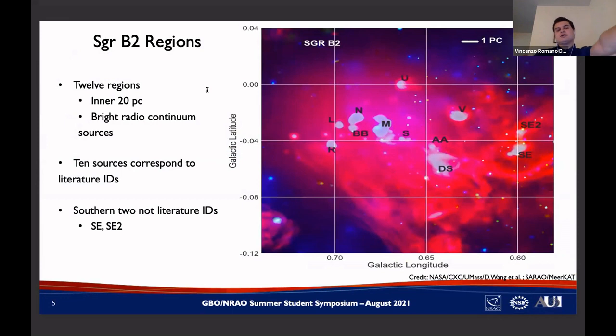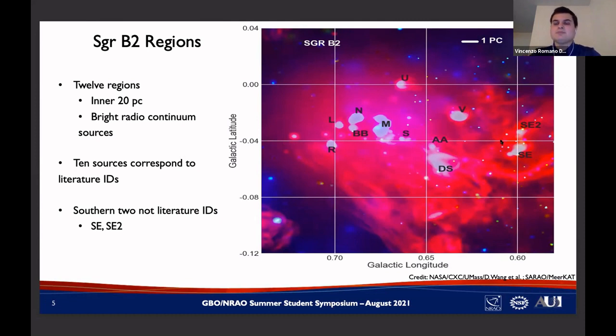The regions I picked for Sagittarius B2 correspond to that inner 20 parsec region, and looking at this image, they correspond to the white peaks, the white spots, which are the bright radio continuum sources. The 10 sources in this image, not including the two southernmost sources, correspond to sources that are heavily identified in the literature.